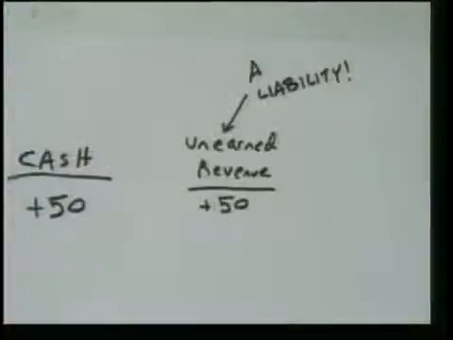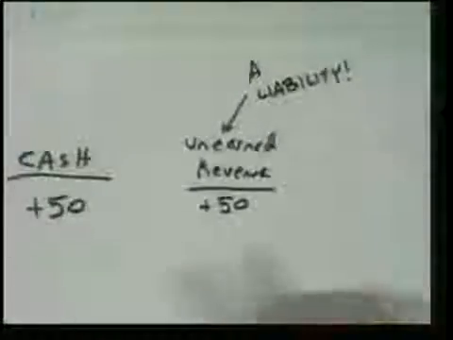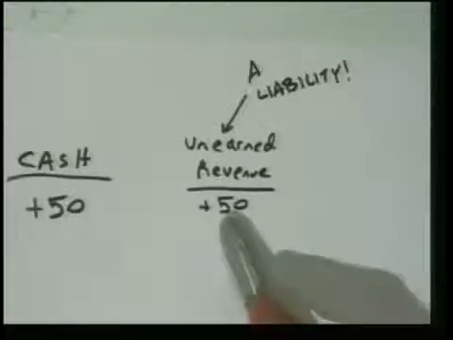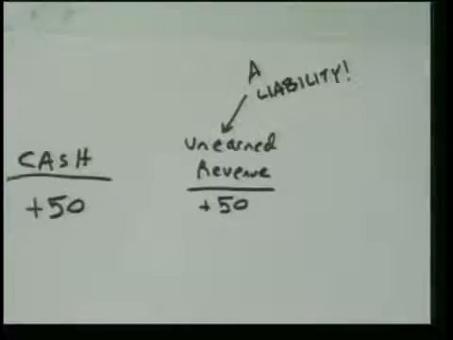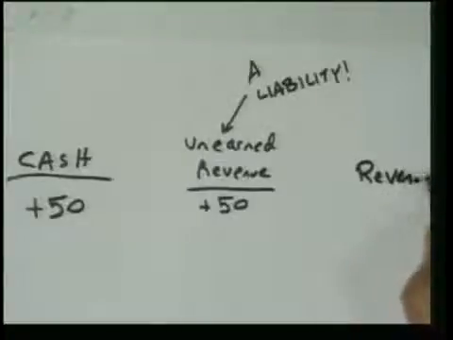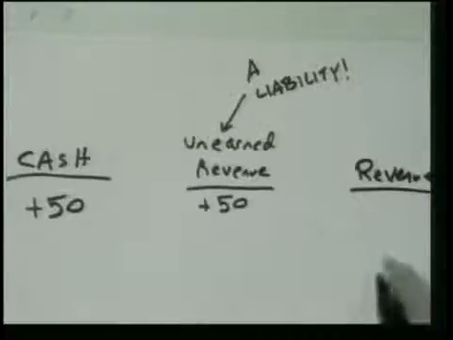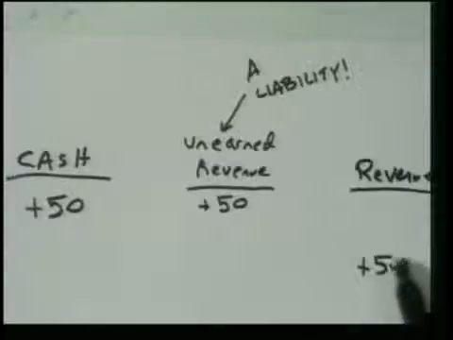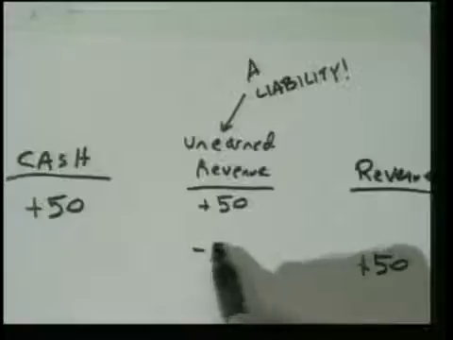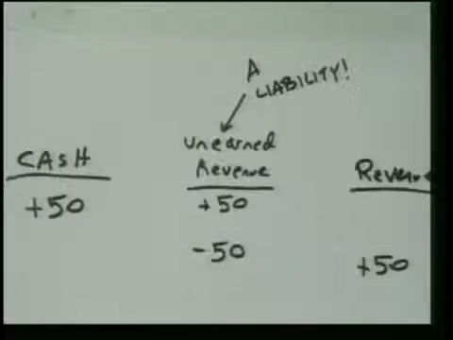So, taking a look back at this. Jake, when I give you $50 and you're keeping track of this in your records, your cash goes up by 50, your unearned revenue, your liability, goes up by 50, right? Okay, Thursday comes and you mow my lawn. A transaction that you will make at that point is your revenue will go up by $50 as soon as you're done mowing my lawn, and unearned revenue, that liability, now goes down because you've satisfied that.